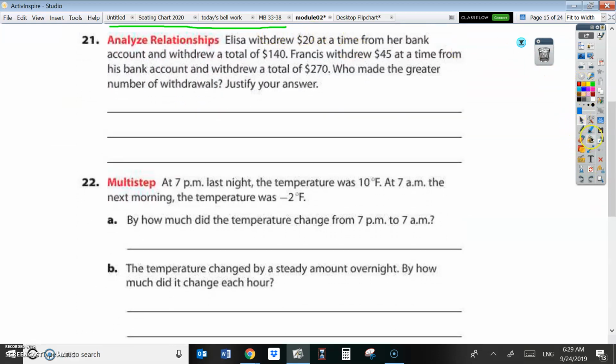Withdrew is a negative word. Elisa withdrew $20 at a time from her bank account and withdrew a total of $140. You already know that the total is going to go inside.